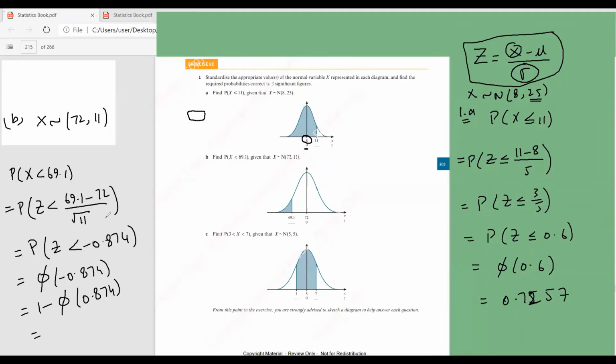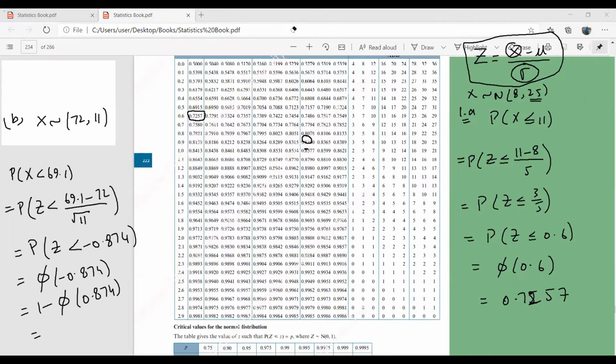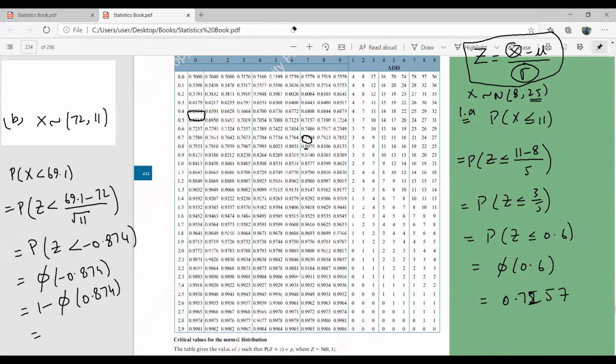So now let's see what 0.874 is here. 0.8 is here, and 7 is here.